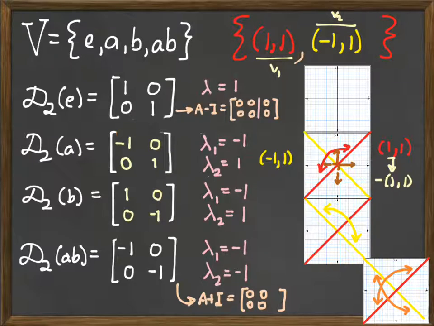And in this example, (1, 1) and (-1, 1) was a basis that did that, because each of those vectors is an eigenvector for every one of our transformations. That means we can write every one of these transformations with respect to that basis as a diagonal matrix. That's why I suggested those.